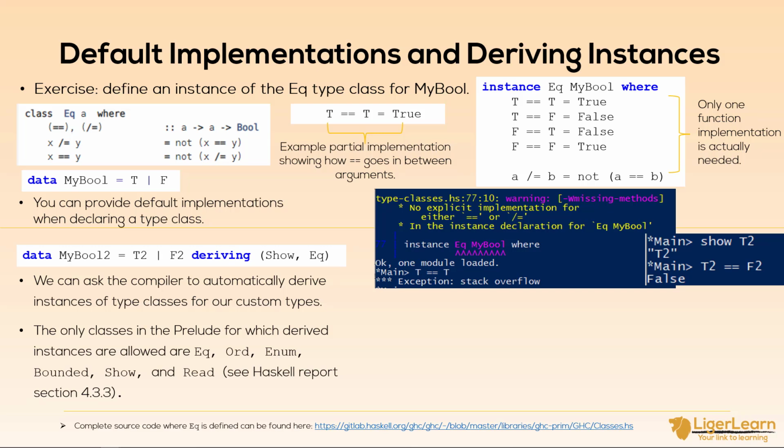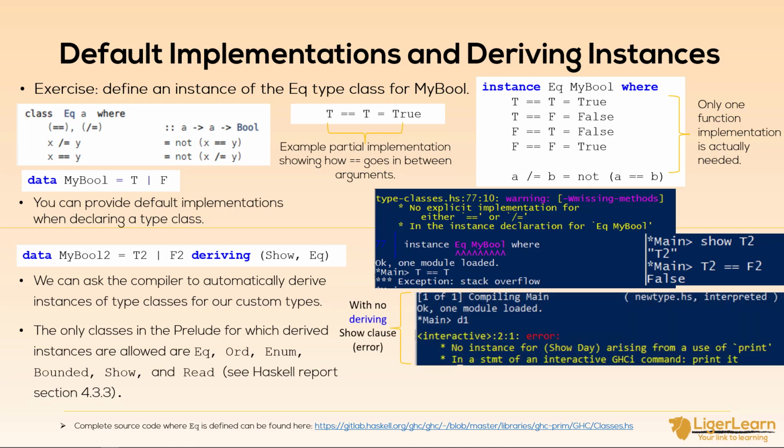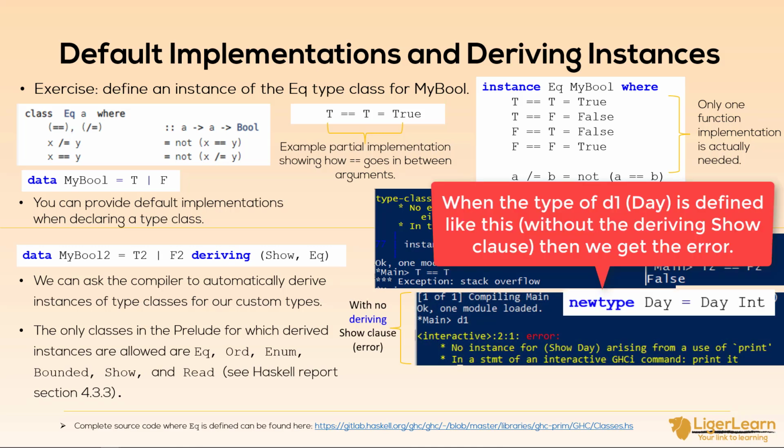Now if you remember, in one of the previous modules, when we were just starting with Haskell, I mentioned that you should just take a leap of faith and add deriving show to all of your type declarations to avoid getting an error such as this. This error occurs when we try to see something in GHCI, in this case some parameter, d1, which does not define an instance of show, and so GHCI does not know how to print it to the screen.